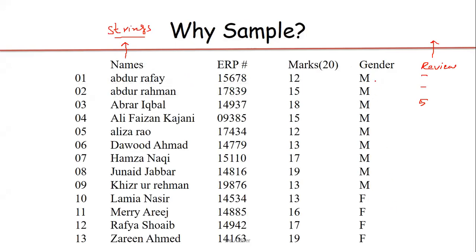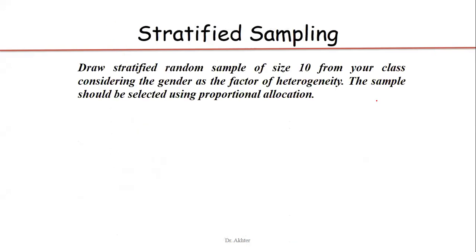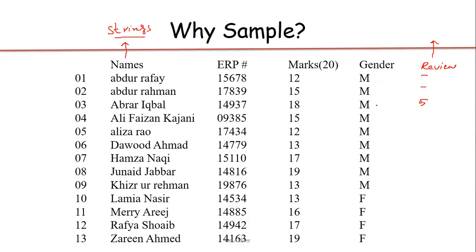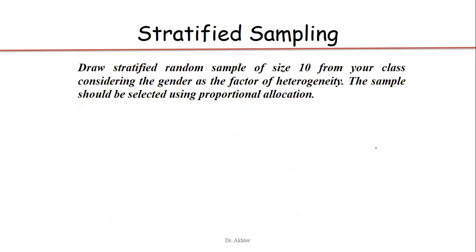But we have two categories in our population. One is the male population, other is the female population. Now you have to draw a random sample of size 8 from the male population and size 2 from the female population, so that the entire sample size will be 10. So you have to complete this problem yourself.